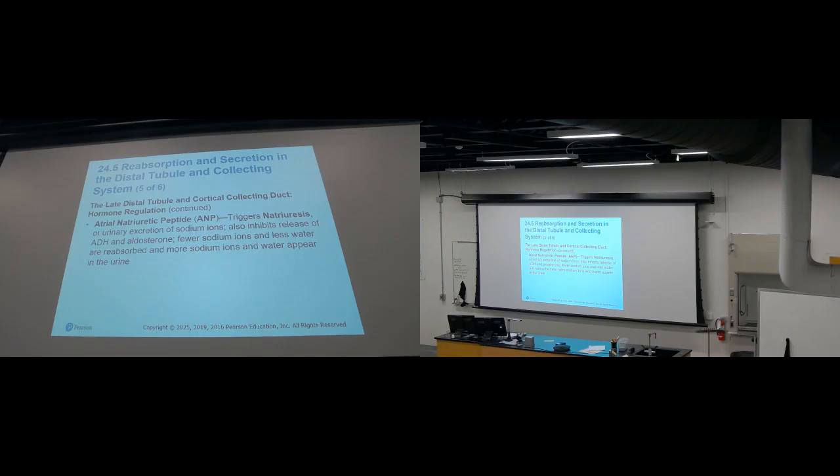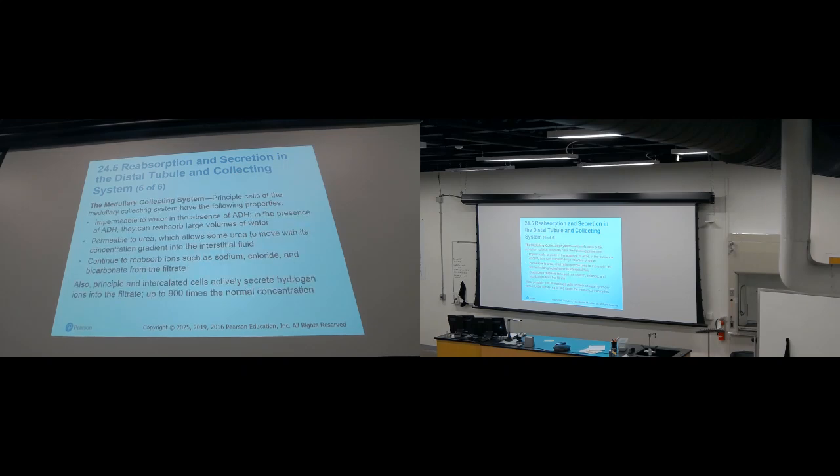So aldosterone and ADH help the person normalize their blood volume, and then you release ANP so that you don't have more ADH and aldosterone. You don't want excess fluid. At the same time, you lose not only water but also sodium. The same hormones act on the medullary collecting system, but there it is mostly ADH.